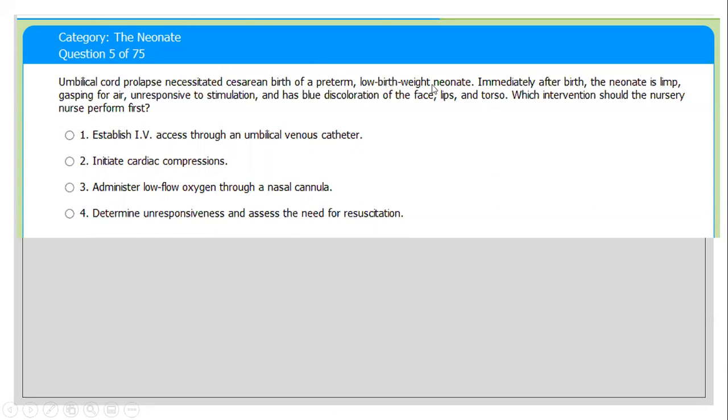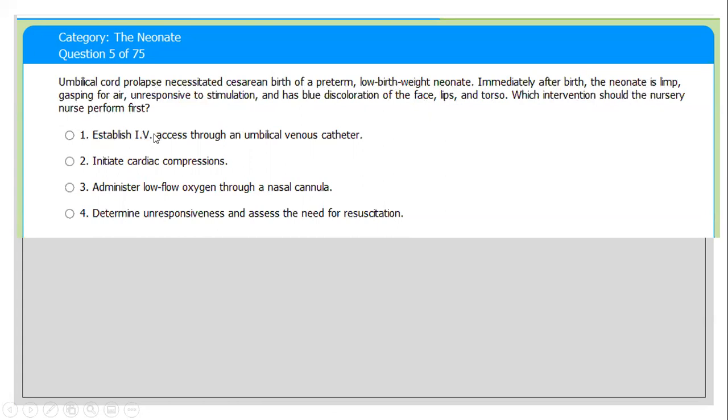A low birth weight baby, immediately after birth, the neonate is limp and gasping for air, unresponsive to stimuli, and has a blue discoloration of face, lips, and torso. Which intervention should the nursery nurse perform first?